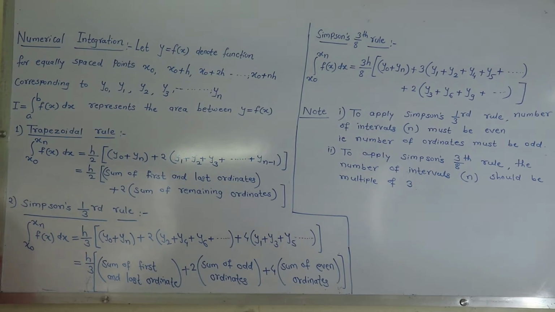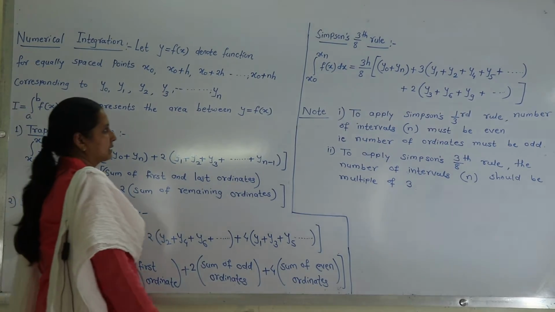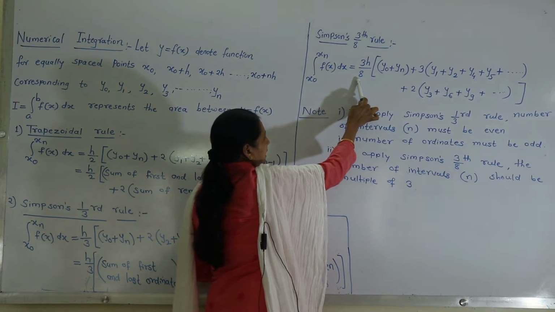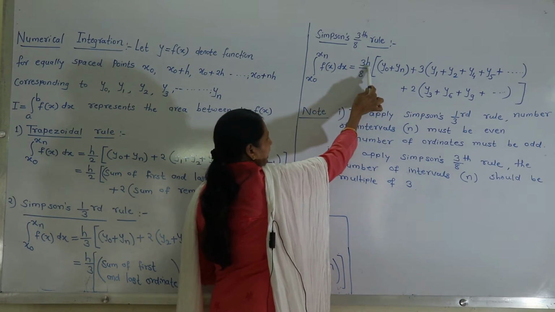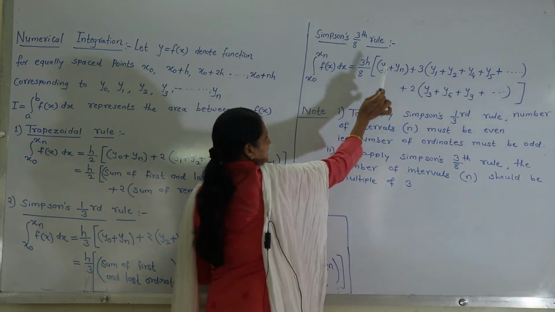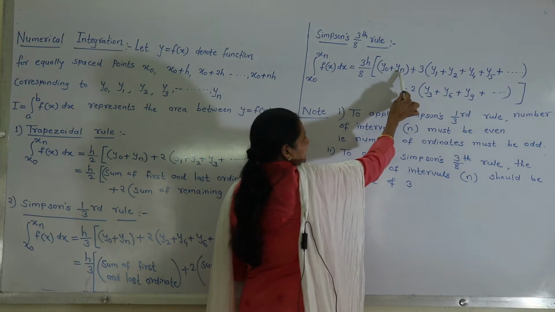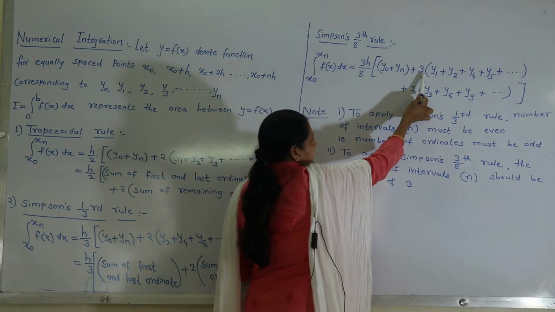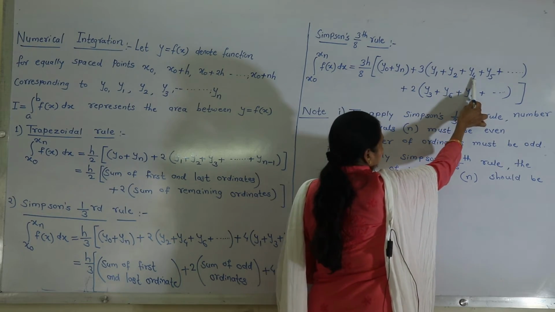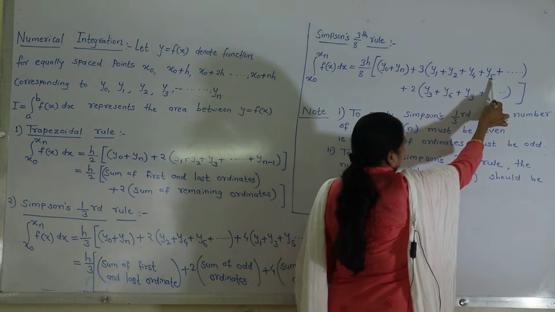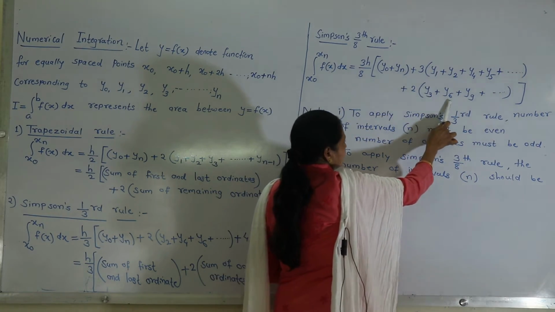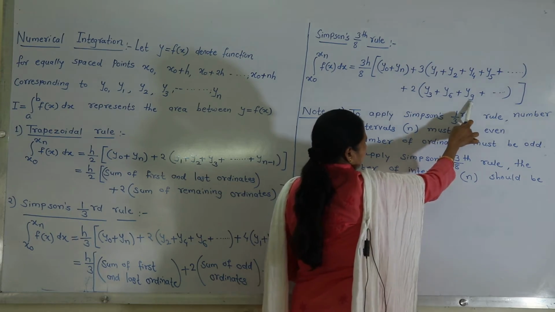And the next rule is Simpson's 3/8 rule. Integration from x0 to xn of f(x) dx is equal to 3/8 into h. Therefore it is called the 3/8 rule. 3/8 into h in bracket y0 plus yn plus 3 times y1 plus y2 plus y4 plus y5 and so on, and plus 2 times y3 plus y6 plus y9.